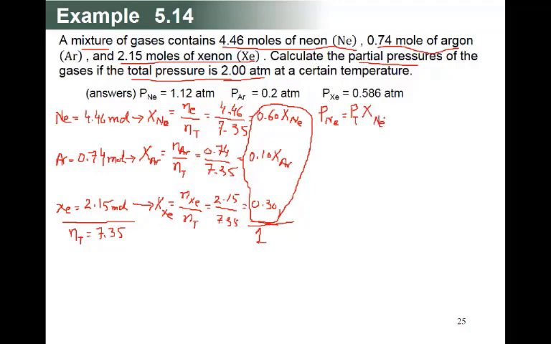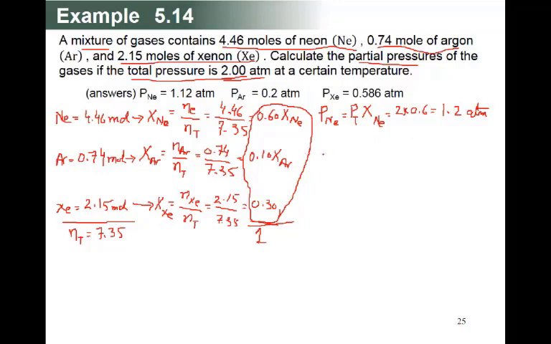We have just calculated the mole fraction, and the total pressure is given here, 2 atmosphere. So 2 multiplied by 0.6 is equal to 1.2 atmosphere.